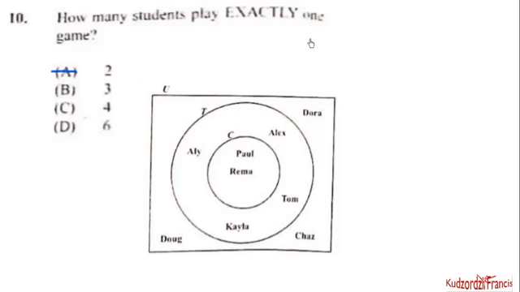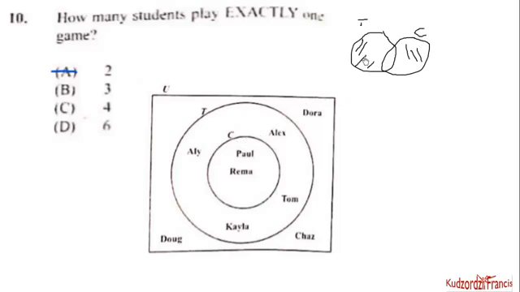Now let's look at the 10th item. How many students play exactly one game? So exactly one game, like we saw earlier, is this region plus this region. So this is tennis and this is chess.